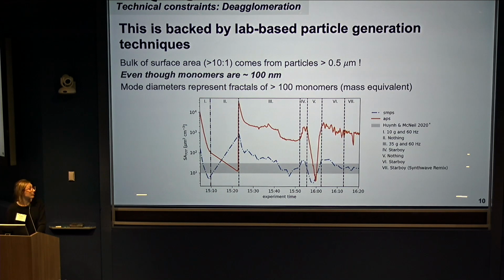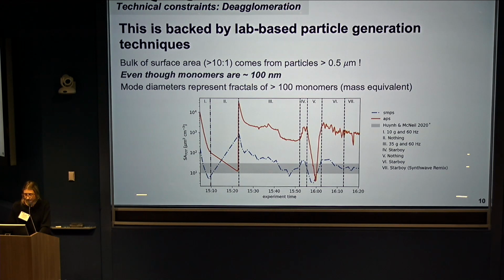So we're clearly forming aggregates without any sort of high stream jet to break them up. And the mode diameters we're getting are around 1 to 2 microns, which mass equivalent is something like 1,000 monomers, but given that it's a fractal, it's probably somewhat less.